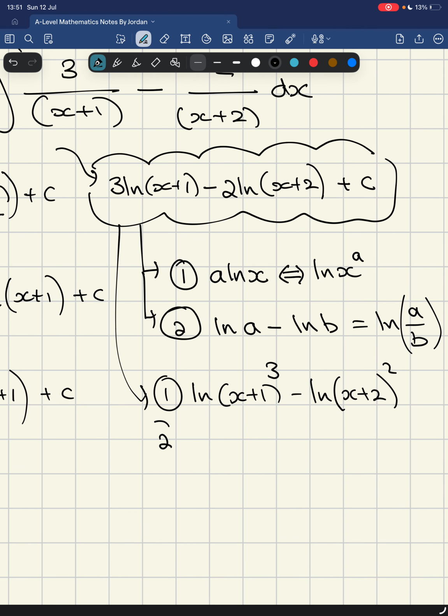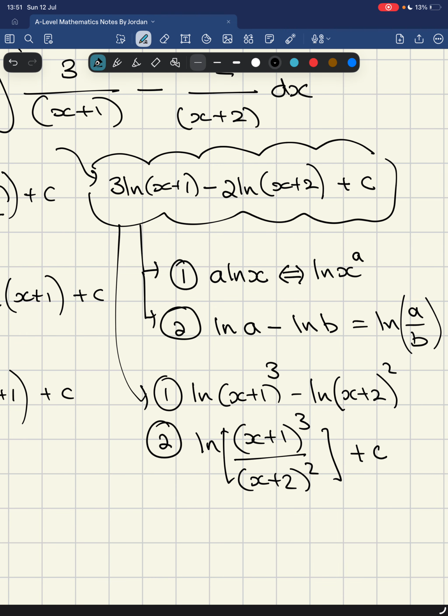And secondly, we can then make that into a fraction, like that. Okay, so this here would be the final answer. Using all the laws of logs, basically.